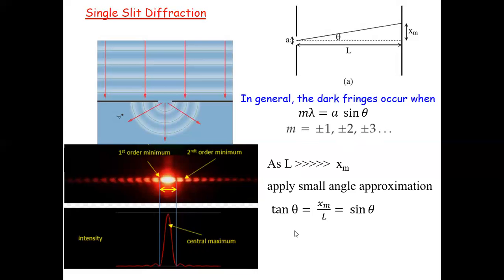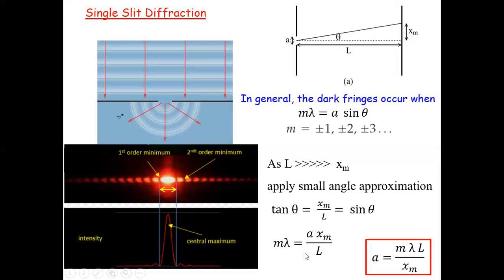So let's substitute sine theta with xm over L. We get m times lambda equals a times sine theta. Now sine theta is xm over L. Here you go. So m lambda is a xm over L. Let's say I want to solve for a. I can simply solve that, right? So a will be m lambda times L over xm.